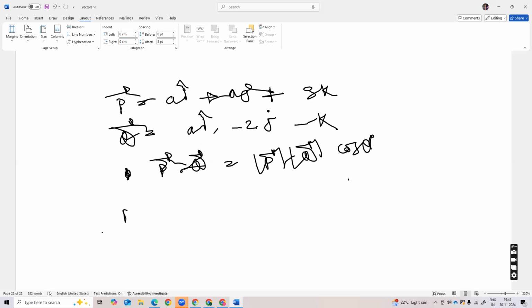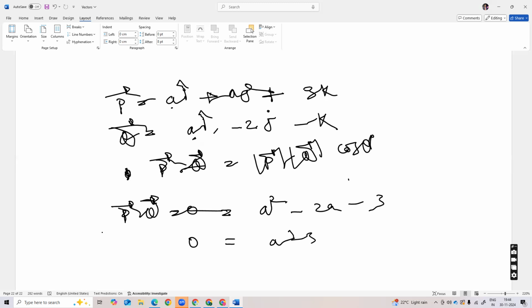So the dot product of p and q is 0, which is equal to: here both have a, so it will be a square, then plus a and minus 2, so minus 2a, and 3 times minus 1, so it is minus 3. So you can factorize it: a square minus 2a minus 3 gives a minus 3 into a plus 1.